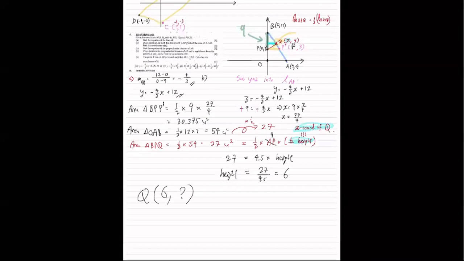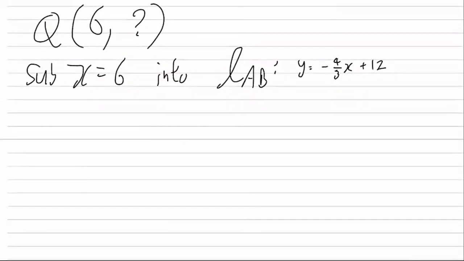But where does Q lie on? Q lies on AB, so sub x equals 6 into the equation of AB. Correct, yes. And therefore you can get the corresponding y coordinate. Let's just quickly calculate that.